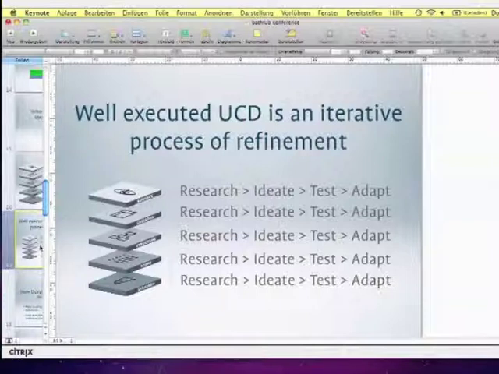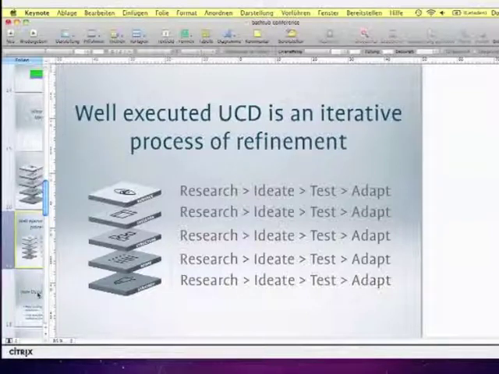Then you go to the users and test if what you came up with validates, and then if you find out that things are not as they should be, you adapt your thing until your model sticks. And this you do for every element of the ideation process.